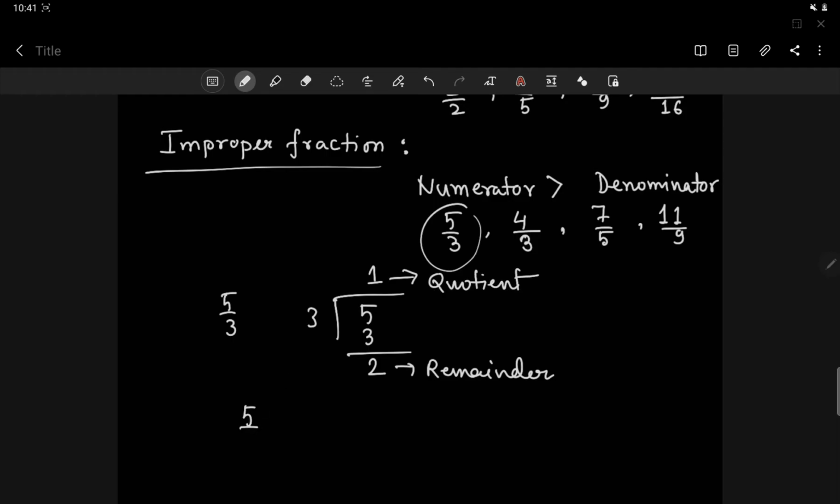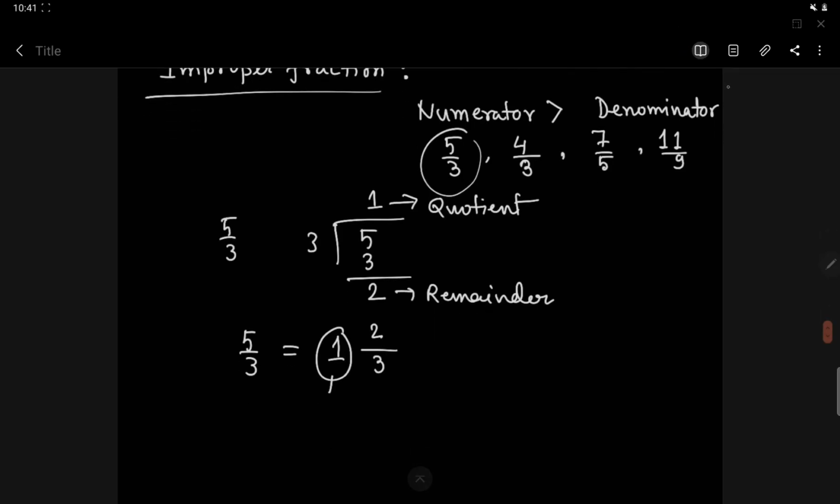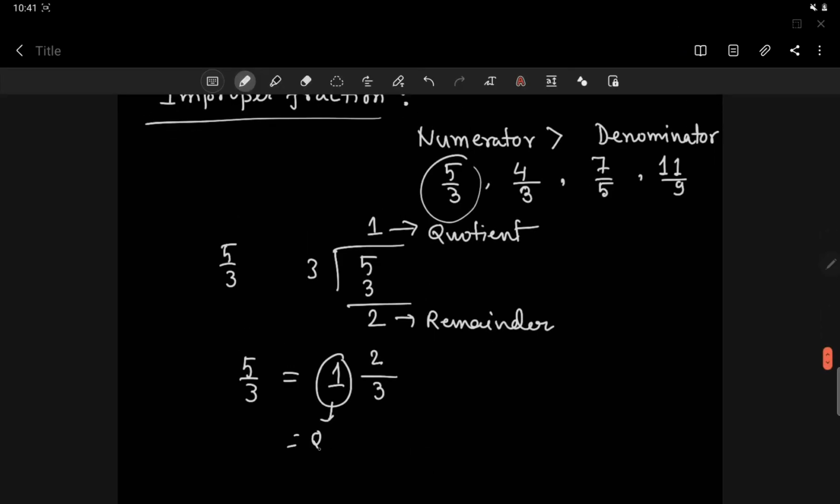So you can write 5 by 3 as 1 and 2 by 3rd. At first you have to write the quotient, then the remainder. Where do you write the remainder?